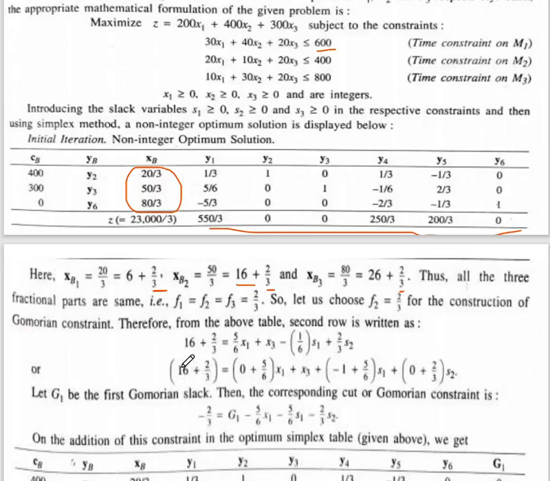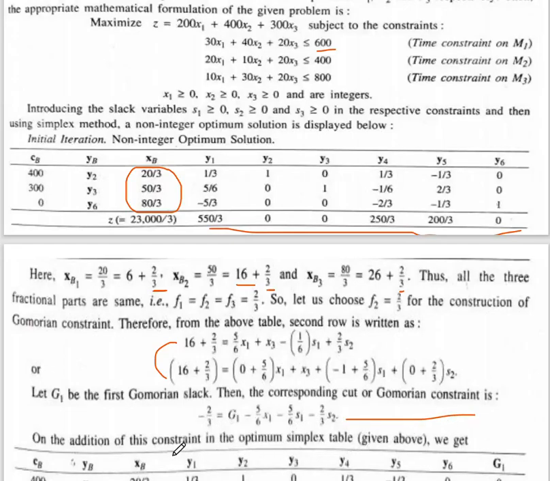These are the equations to construct from the second row in the fractional part. Now we construct G1, the Gomorian slack variable, and after putting in all the values, you will get minus 2 by 3. In this way you can construct the Gomorian slack variable.